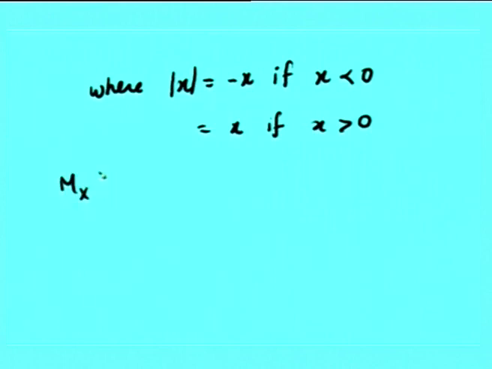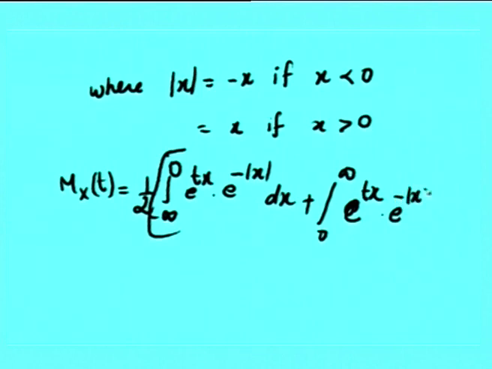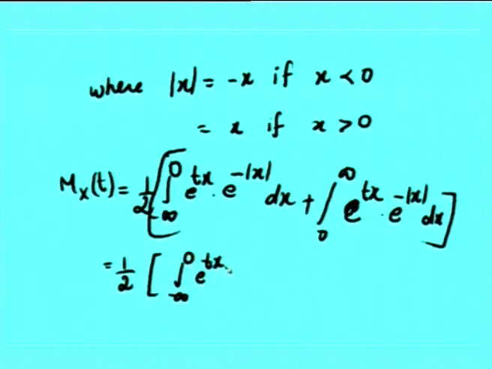So, accordingly continuing the integration, mx of t is equal to, break the integral as minus infinity to 0 e power tx, 1 by 2 I will take it outside already, e power minus mod x dx plus integral 0 to infinity e power tx e power minus mod x dx equal to 1 by 2 integral minus infinity to 0 e power tx e power minus of minus x dx.